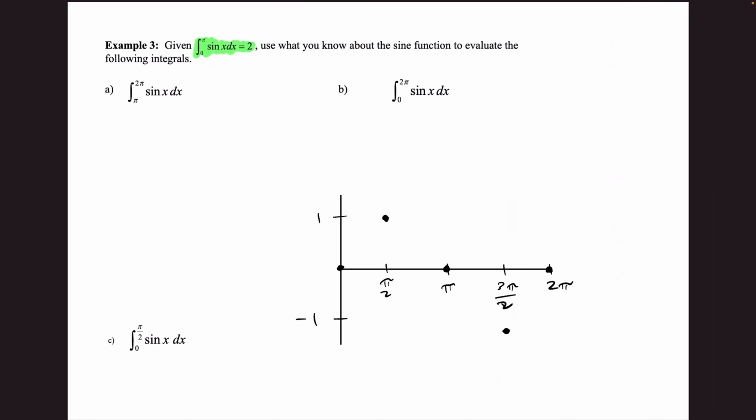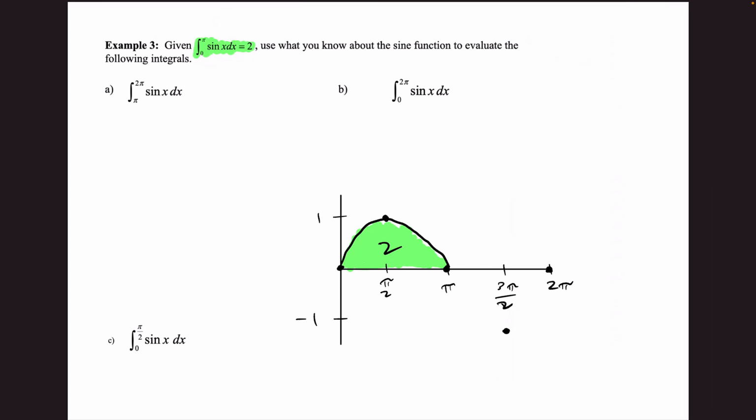Now, the green is not what they've given me, right? The green is not that whole thing. The green is just the first half. So that's the green there. And they've said, hey, area there is positive 2.